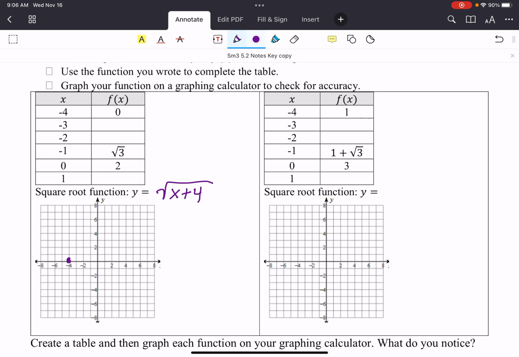Where do I go? Somewhere here, right? Yeah, okay. And then where do I go for 0, 2? Lizzie. Up 2. So it looks something like that, right?